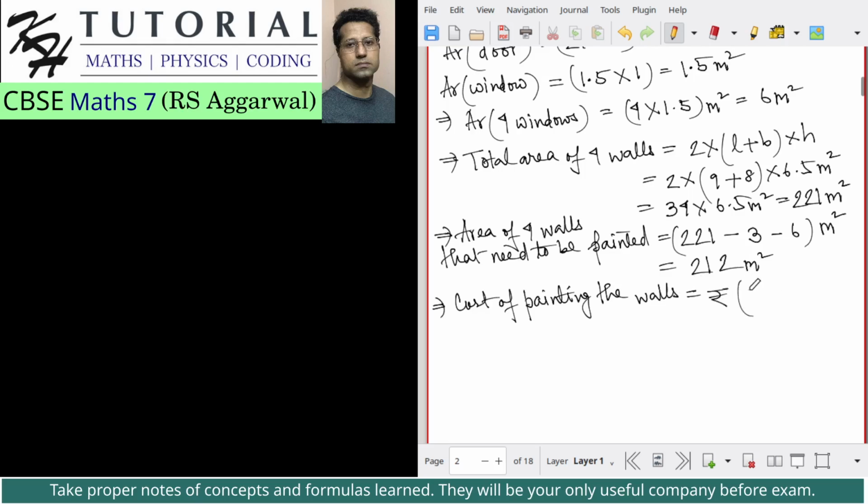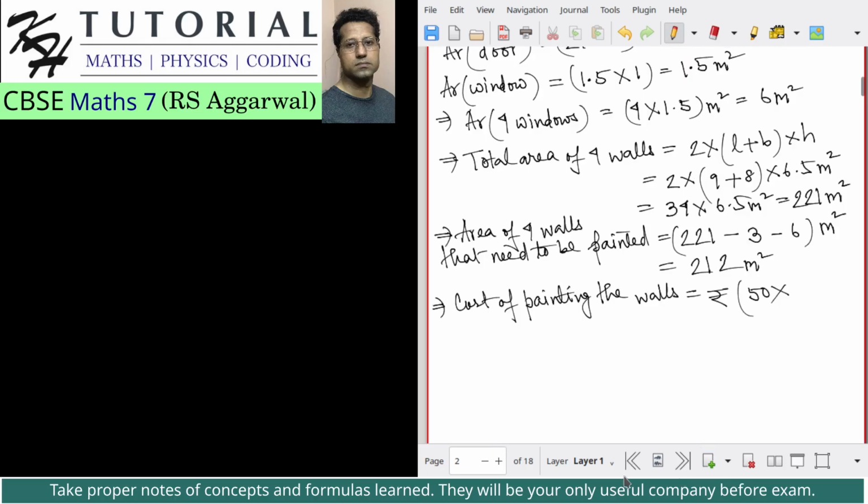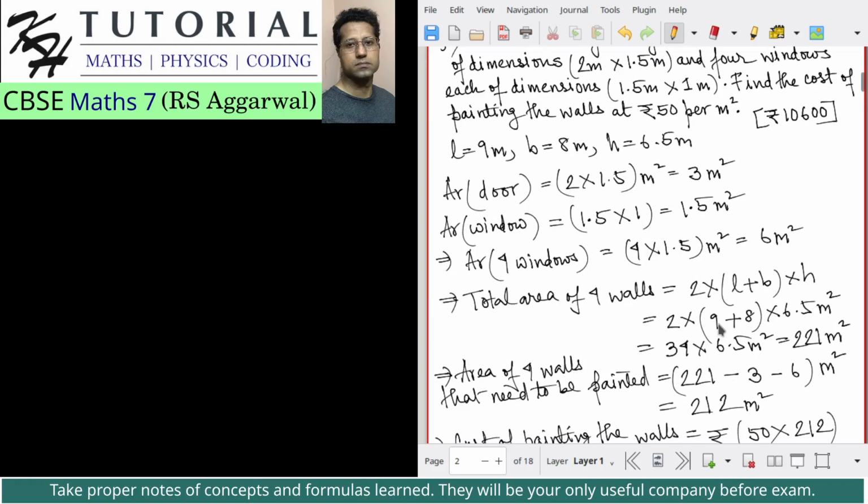The rate was 50, and the area of walls that need to be painted is 212. 212 multiplied by 50 is 10600. Rupees 10600 is the total cost of painting the walls.